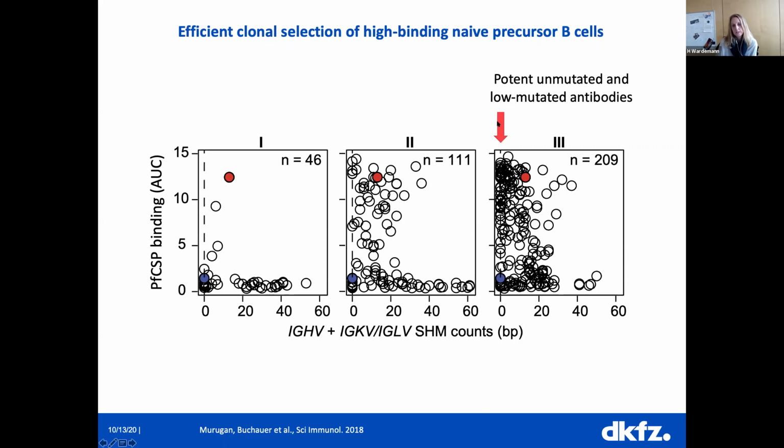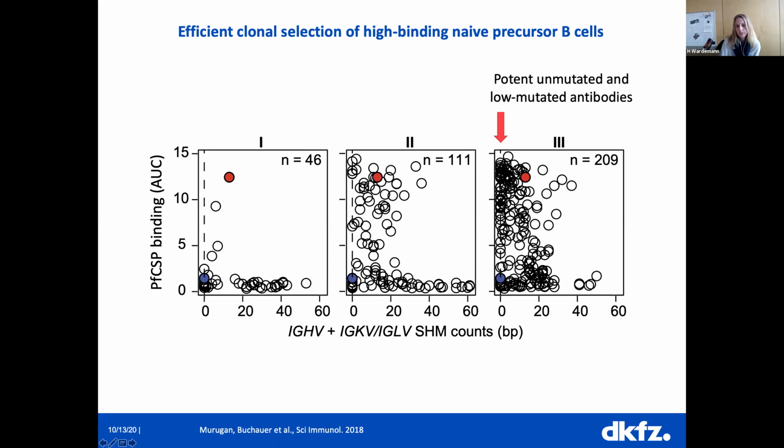And B cells expressing these antibodies accumulated with time. There were many seen after the 3rd exposure, whereas many of the antibodies that were more mutated were seen already very early on, suggesting that these were pre-existing memory cells that got recruited into the response. But very few were actually very potent binders.